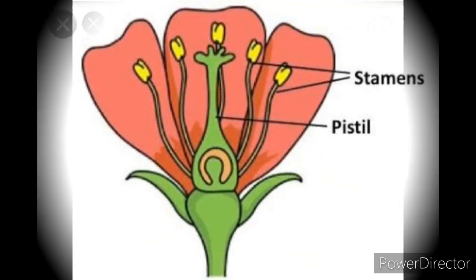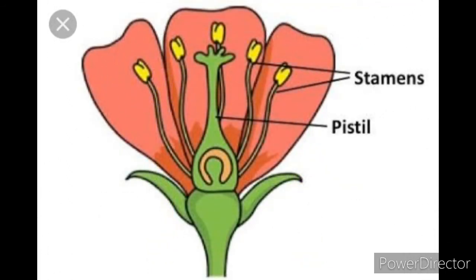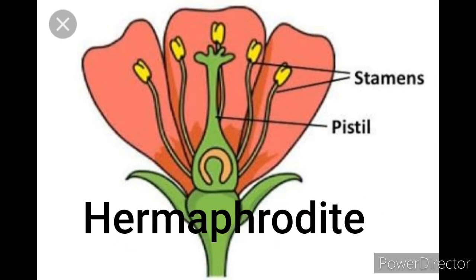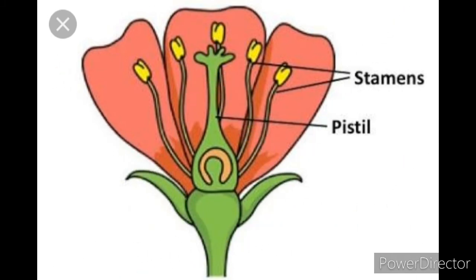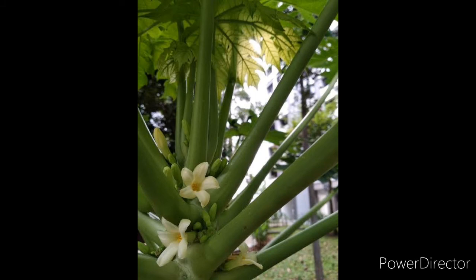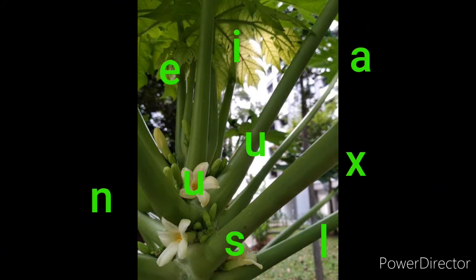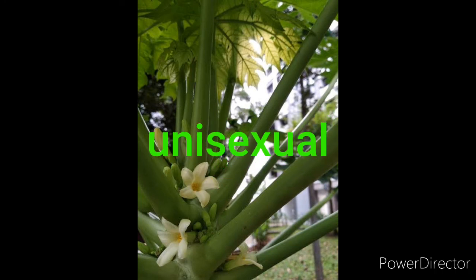The flower which contains both stamen and carpel is called a bisexual or hermaphrodite flower, and examples are hibiscus, rose, lily, and tomato. The flower which has only one of these parts, that is only the stamen or only the carpels, is called a unisexual or incomplete flower.